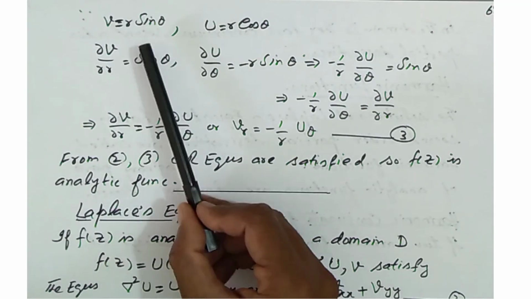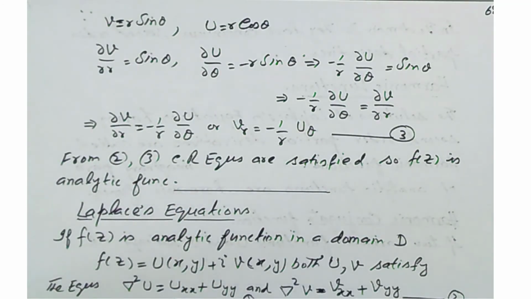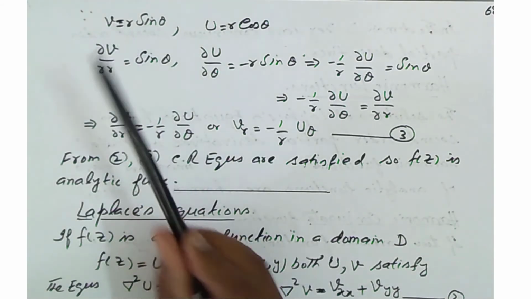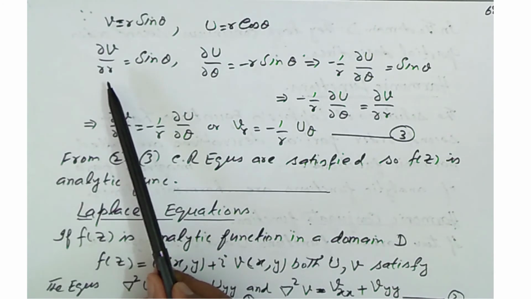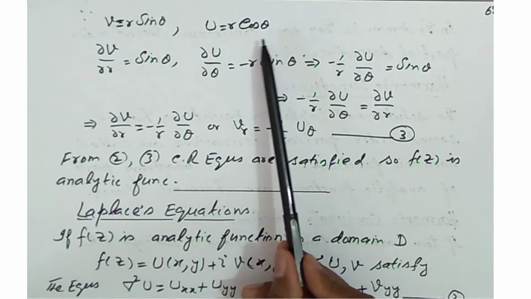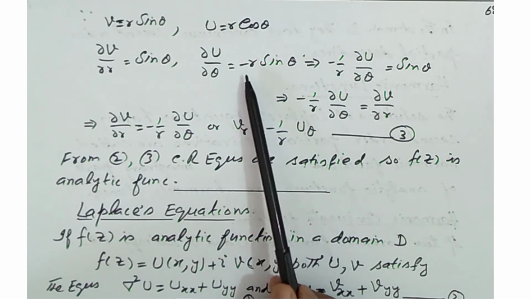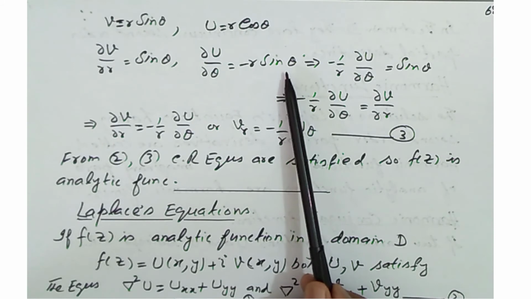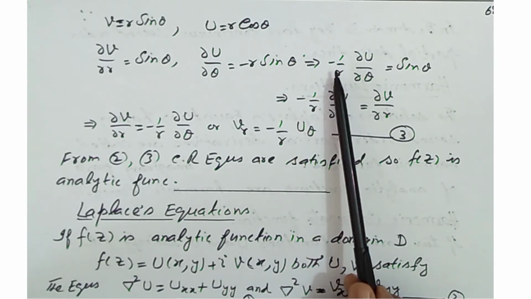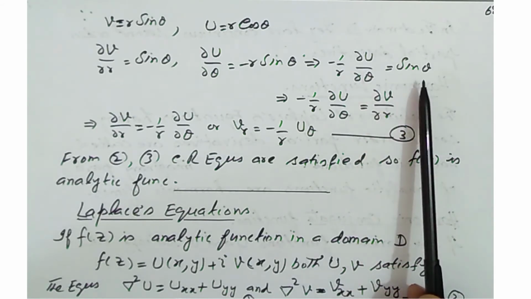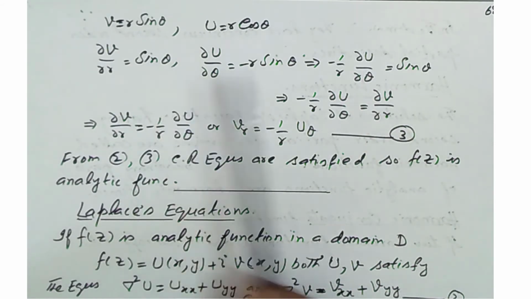Here v is equal to r sin theta and u equal to r cos theta. We differentiate partial v over partial r. Its derivative is 1, so partial v over partial r is equal to sin theta. And differentiating with respect to theta, derivative of cos is minus sin, so partial u over partial theta equal to minus r sin theta, and dividing by r, minus 1 by r partial u over partial theta equal to minus sin theta. So this is sin theta, this is sin theta.